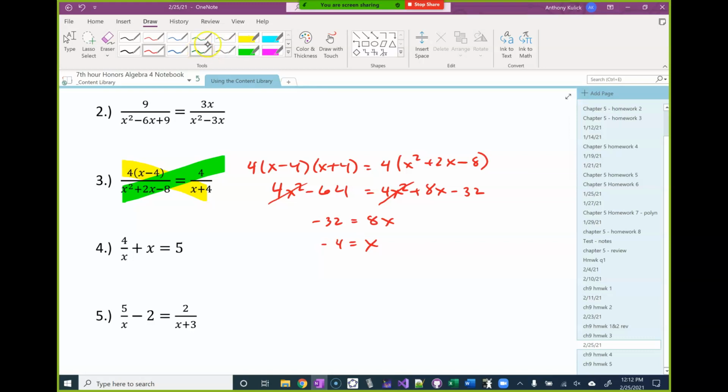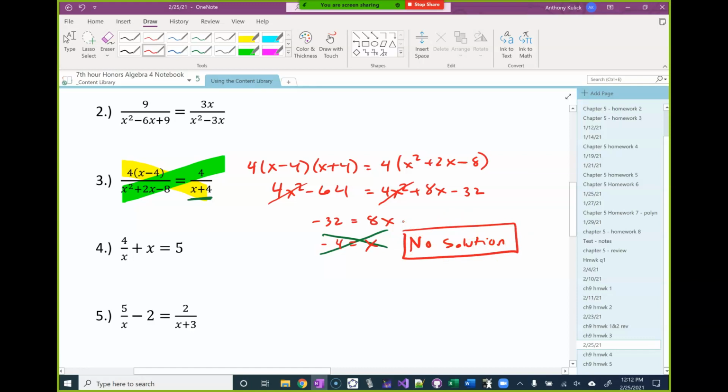However, if I try to plug that back in, I can see pretty quickly here that it's going to give me a 0 denominator. So I should discard that. And since I have no other solutions left, I'm just left with saying that there's no solution here.